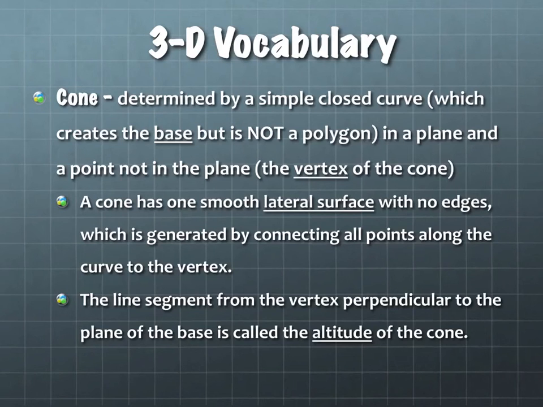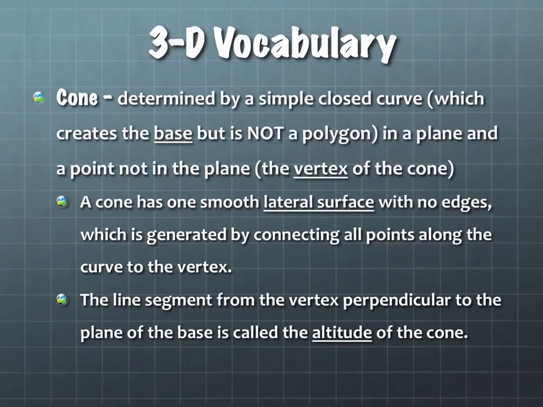Cylinders feel like the circular option that corresponds with prisms, right? Base on top, base on bottom, and they're connected on the sides. Cones feel like the connection with pyramids. We have a point on top, and we have one base on bottom that it connects down to the sides.